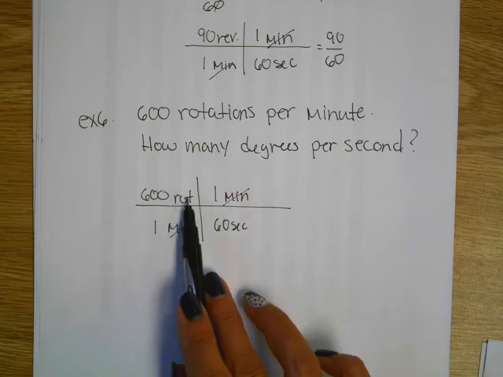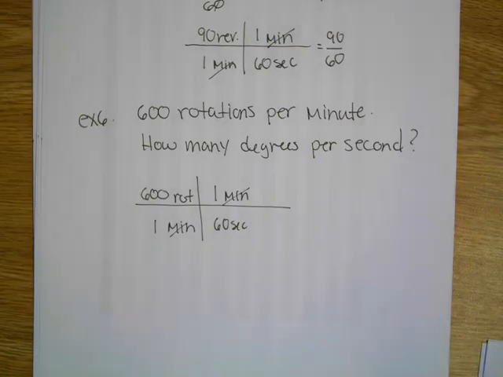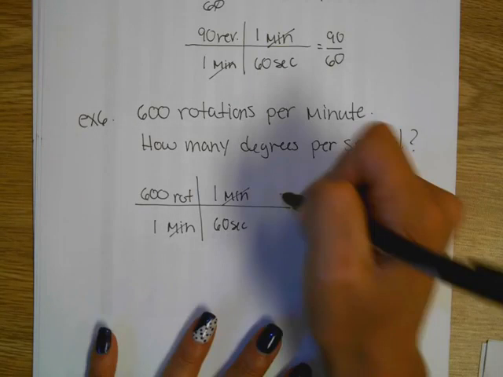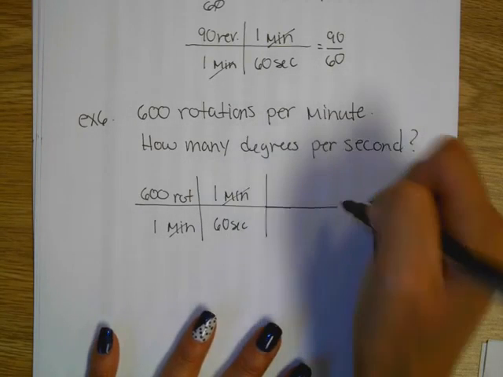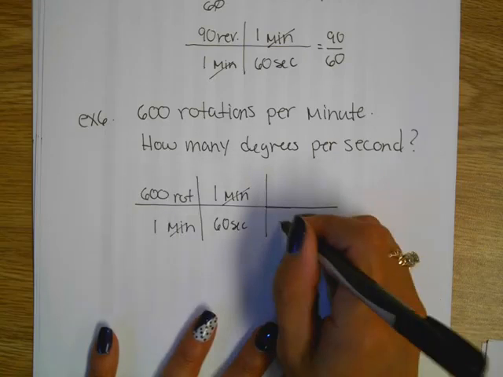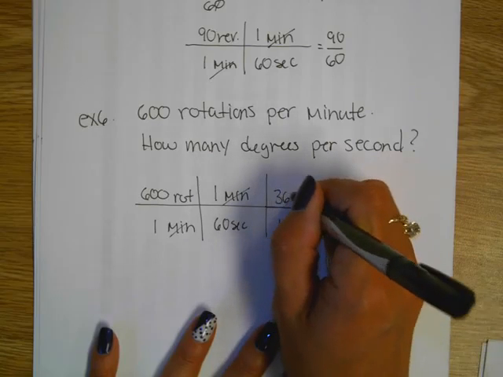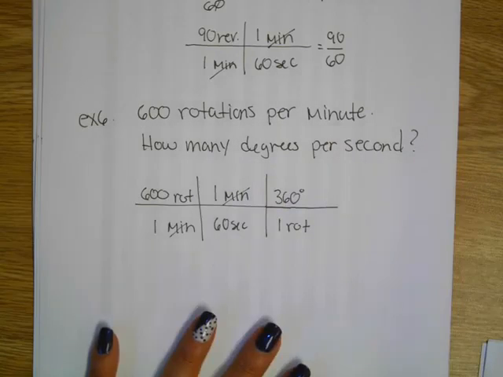Well, now I want to get rid of rotations and end with degrees. Well, think about a rotation. How many degrees? 360. So my next part of my T-box is one rotation, and I want rotation to cancel, so it goes down here, is 360 degrees.